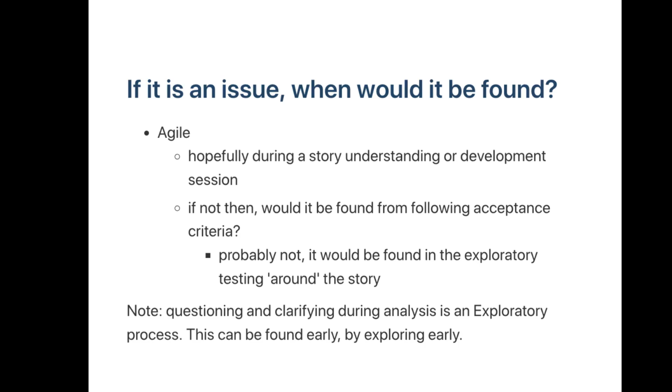Well, probably not, because we didn't ask the question, so we don't necessarily know that one of the acceptance criteria is the closed context should not be shown in the list of contexts when creating an action. Unless someone prompted that by thinking it through, maybe the product owner, someone did an exploratory thinking process, a modeling process to work out the implication of what they're doing. But again, it's an exploratory process.